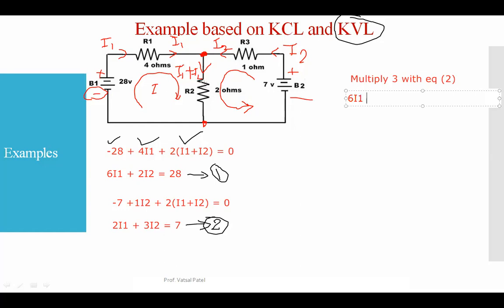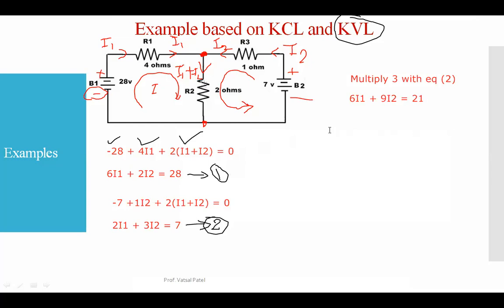6I1 plus 9I2 is equal to 21. Yes, we have to solve these two equations. Now you will subtract the second equation from the first equation.